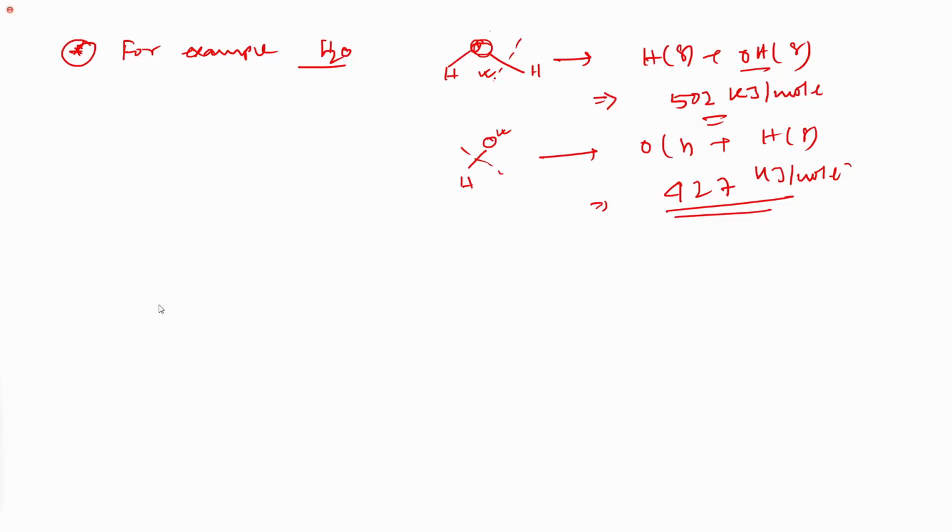That's why two different values of energy are needed to break the two different OH bonds. So this is an example for the water molecule. Similarly, there are lots of polyatomic molecules. For polyatomic molecules, you have to use the mean or average bond enthalpy.